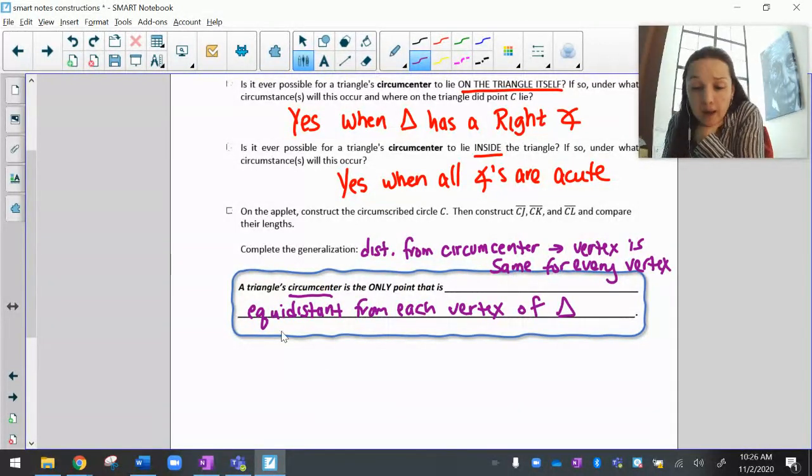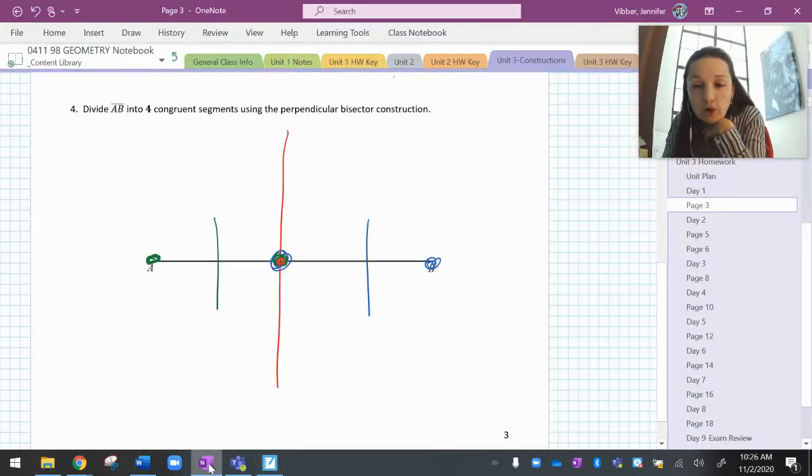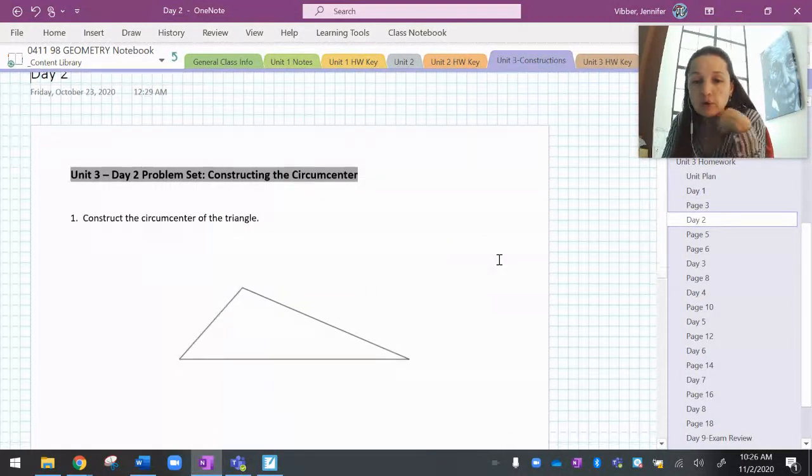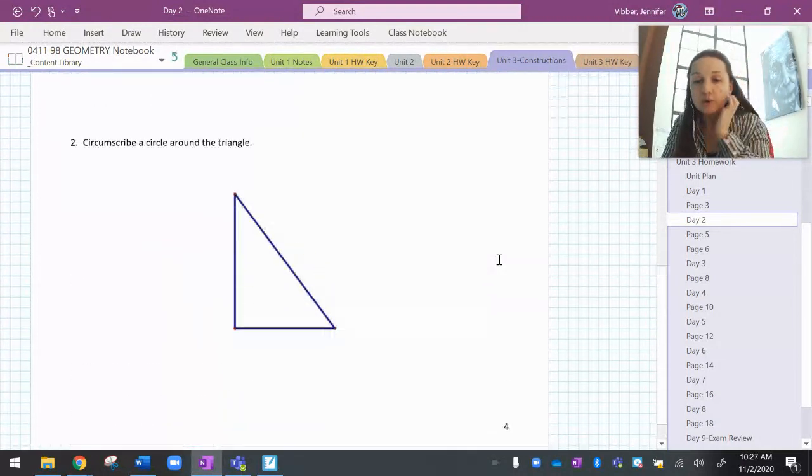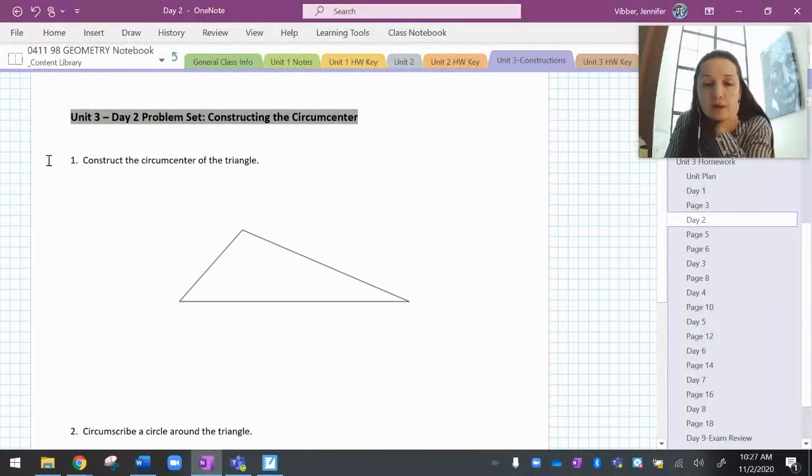Okay, now grab your homework packet, and I want to quickly talk about the homework for this. In your homework packet, I want you to go to the day 2 homework, which starts on page 4. Number 1 says, construct the circumcenter. Well, we just learned that that's where the perpendicular bisectors intersect.